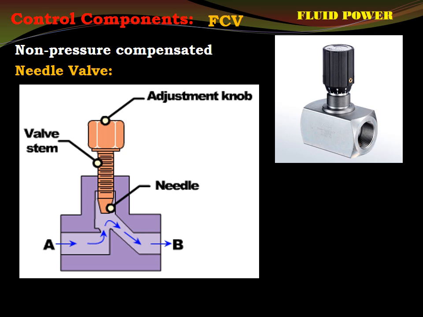That is the simplest type of flow control valve. It consists of a screw or a needle inside a tube-like structure. So here is the tube-like structure, right? And here is the little adjustment knob. At the end of the adjustment knob, it's a needle.